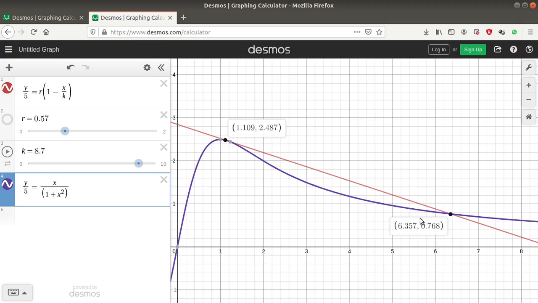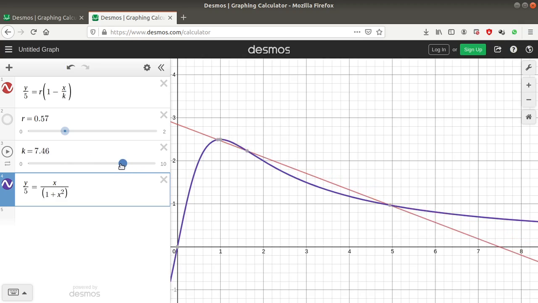So the number of insects is still high even after the value of 8.7, and the number of trees is going to go further down.